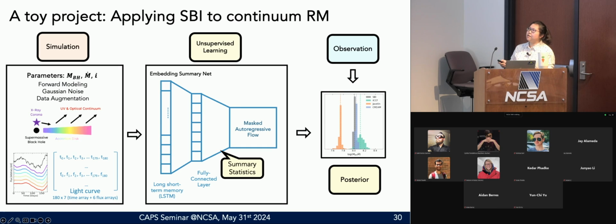The first part is a summary net where we extract some summary statistics from the high dimensional light curve. And then we feed those summary statistics into a density estimator called the masked autoregressive flow. And then once we train this neural network, we can apply new observations and get a posterior from the trained neural network.